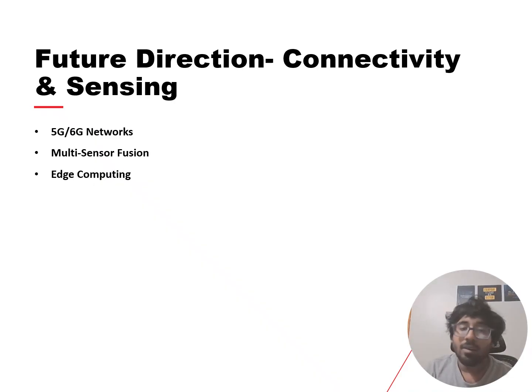One of the future directions they talk about is connectivity and sensing. They talk about 5G and 6G networks, which have very low latency so that sensors can send data through the communication layer without any interruption.